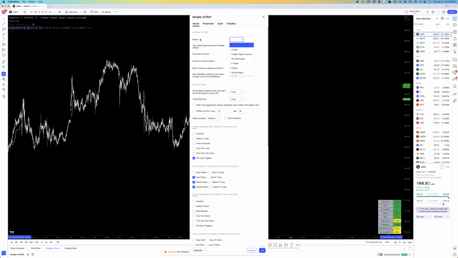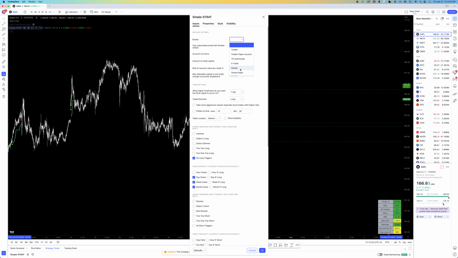Not necessarily the broker, that's not that big of a deal. But for whatever you have, let's say you're using the auto trade feature, whatever account you selected in your TradingView and API portal in the prior video clip is what you have to select here. The difference is that there are paper trading accounts in here.